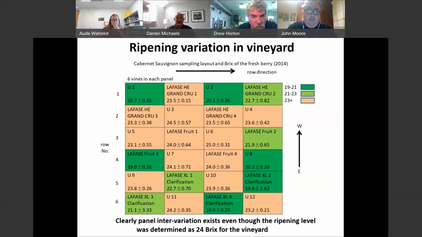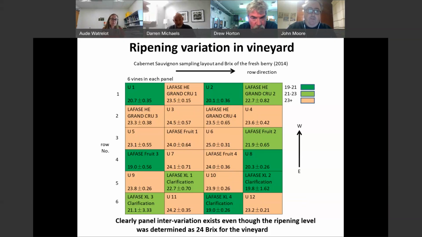And we showed that the numbers are the Brix levels. So although this block area was supposed to be at 24 Brix at harvest, there was variability at the level of our subdivided panels.